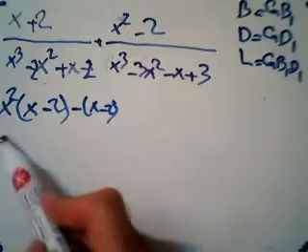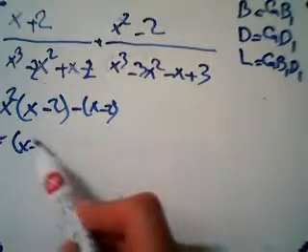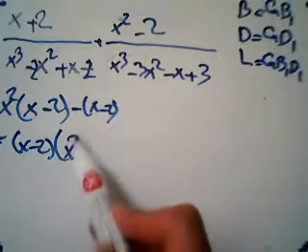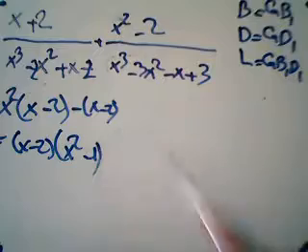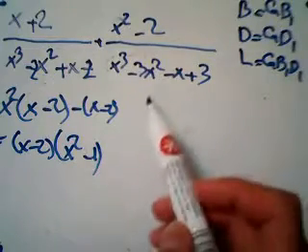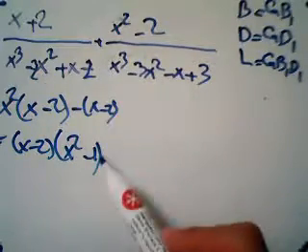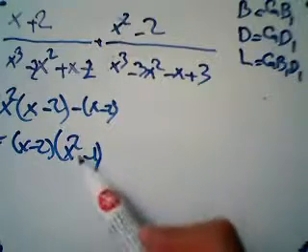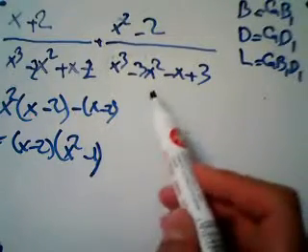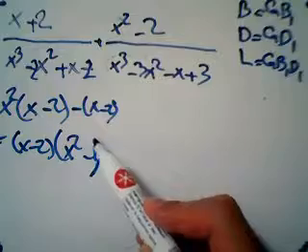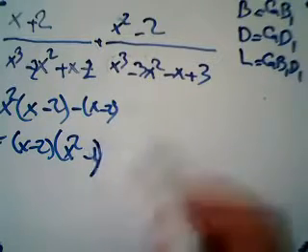So this is x minus 2 times x squared minus 1, and we could also factor this, but I have a reason not to factor it.